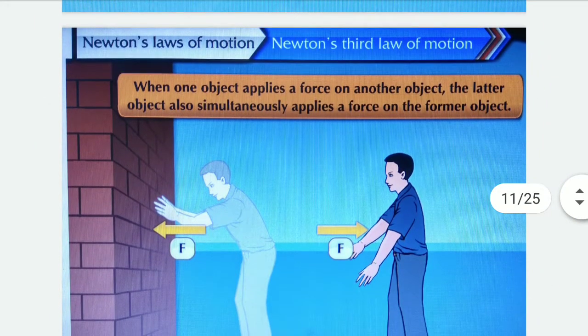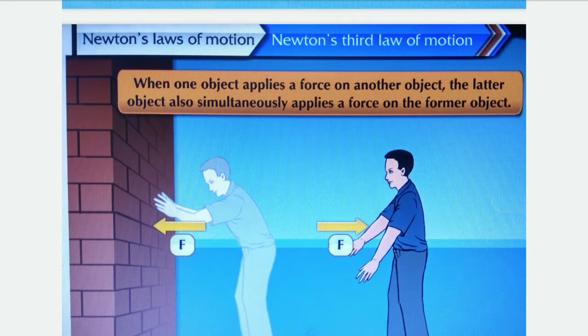Now let us see another example. When one object applies a force on another object, the latter object also simultaneously applies a force on the former object. In this picture, a person is hitting a wall. The person is applying force on the wall and a reaction force is applied by the wall.